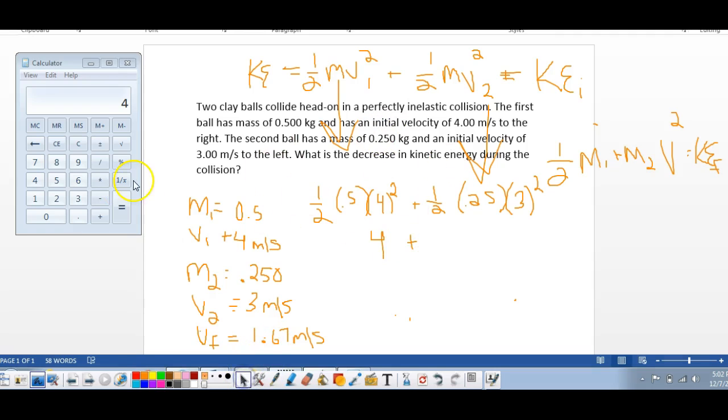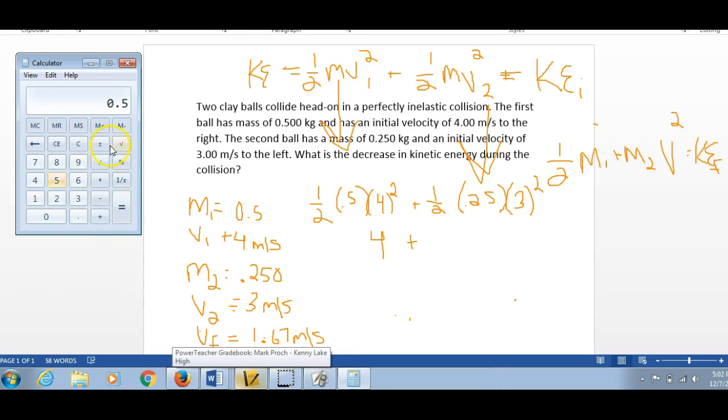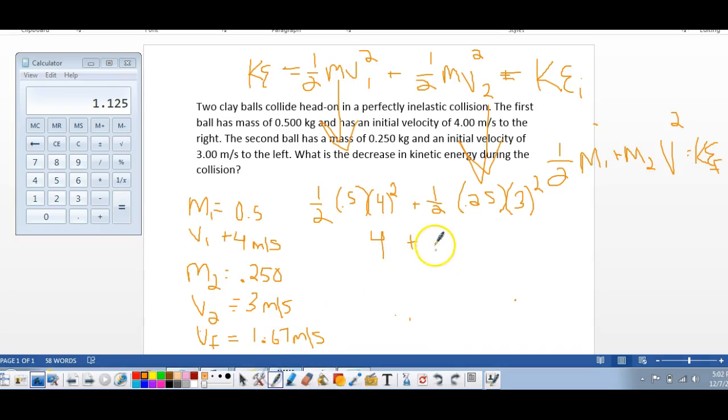Then we do the other one, 0.5 times 0.25 times 3 times 3. It's going to give us 1.125. Adding those gives us 5.125 joules. That's the initial kinetic energy, this one right here.